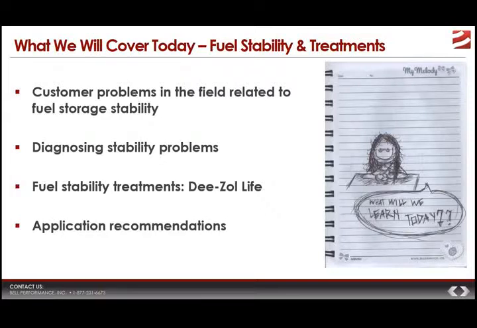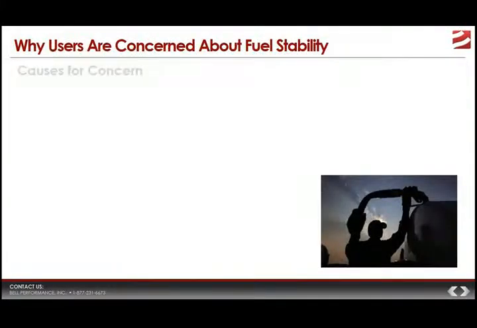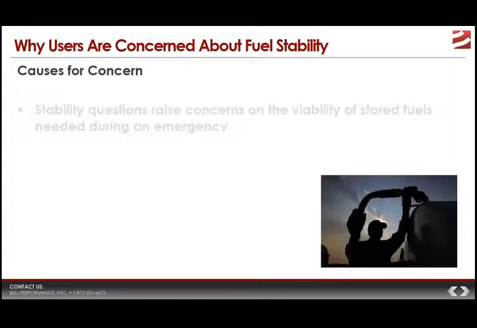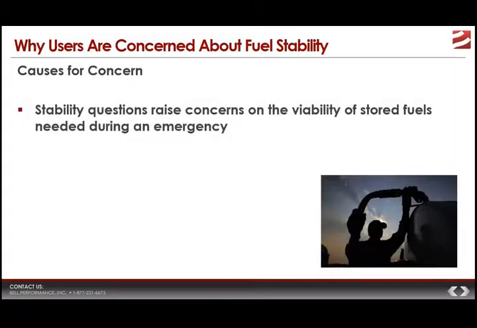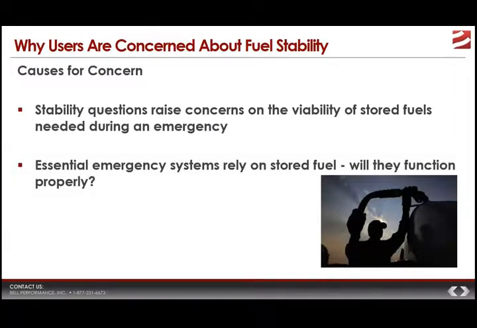So let's get started by considering how and why fuel users should be concerned about the stability of their fuel. The expectation by the user is that stored fuel is going to do what's expected whenever they need it to. But fuel stability issues that are unexpected will lead to greater uncertainty for different kinds of users, especially those who rely on fuels in an emergency.